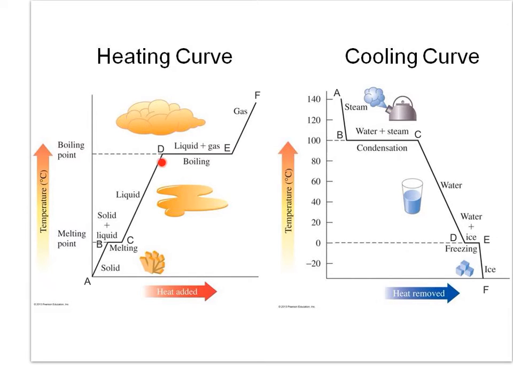When the substance absorbs heat from D to E, there is no change in temperature. This region is called the latent heat of vaporization. Because the heat of vaporization of a substance is larger than the heat of fusion, the plateau DE is longer.